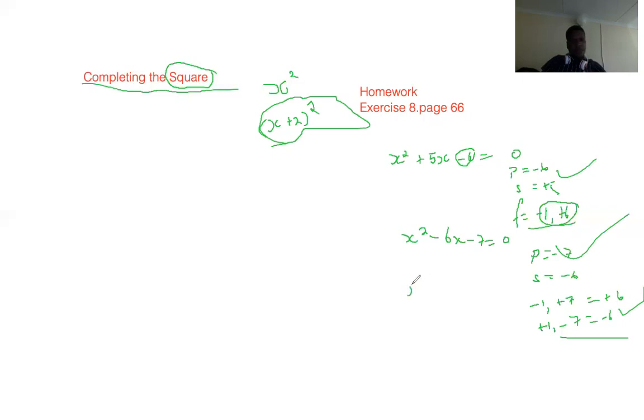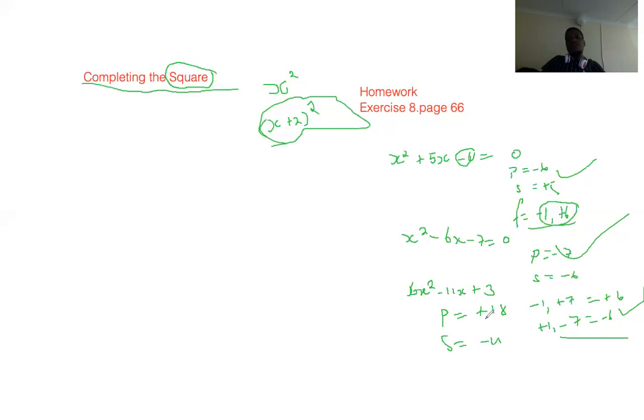But then if you have 6x squared minus 11x plus 3, the product here will be equal to 6 times 3, which is plus 18. The sum is negative 11.